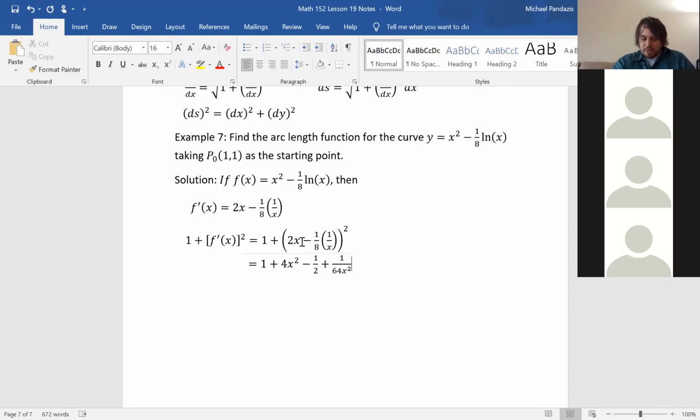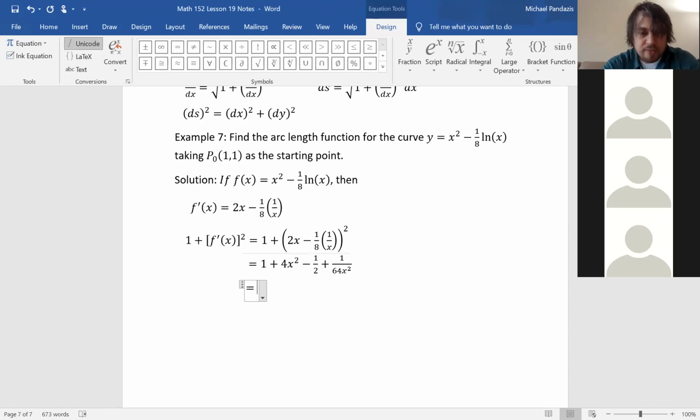Then this is equal to 4x squared plus 1/2 plus 1 over 64x squared. And that's equal to 2x plus 1 over 8x, squared.